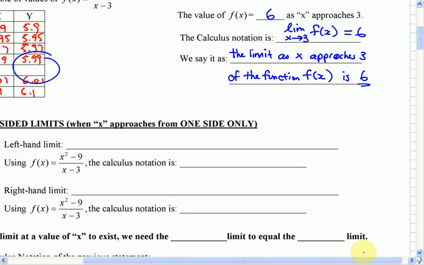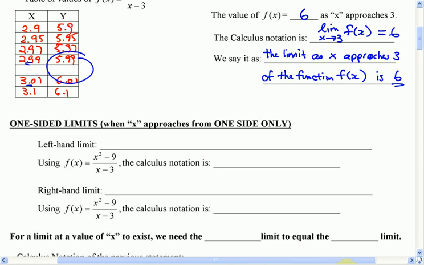There are something called one-sided limits that we should take a look at too. Okay, the left-hand limit. So this is the limit when you approach x from the left. So if you look at our previous example of the function x squared minus 9 over x minus 3, the calculus notation would be this: x approaches, and once again that's an arrow, 3, but from the left use a minus sign, of f of x.